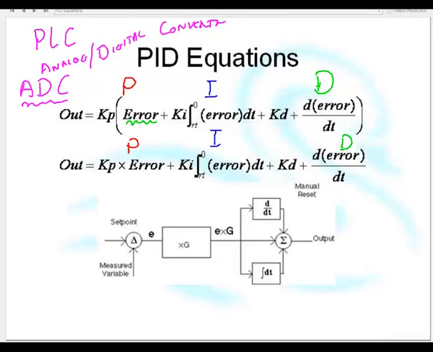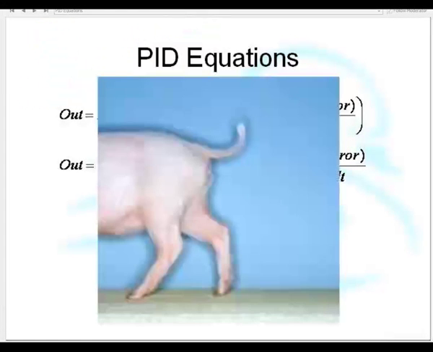Now, that's a bit of a problem because these PID equations that old Lagrange came up with only work for continuous functions. So, all of this stuff has gone. None of it is relevant anymore because, well, we don't use those equations anymore, so there's no point in teaching you them.